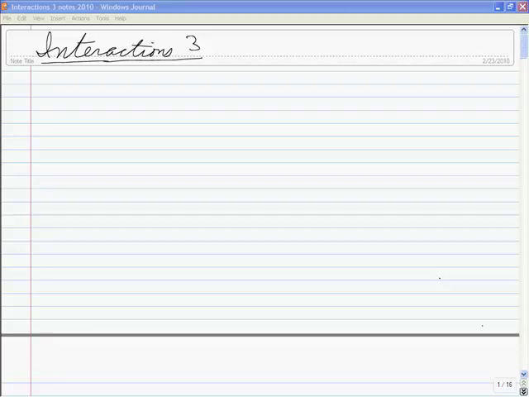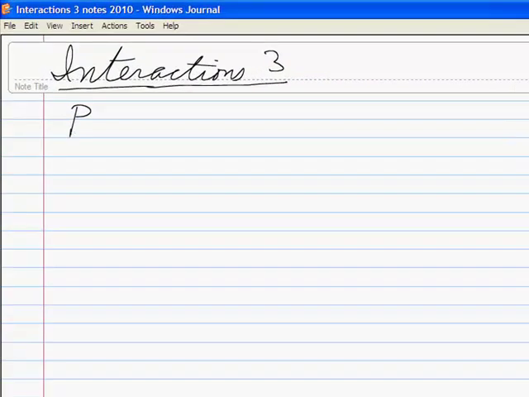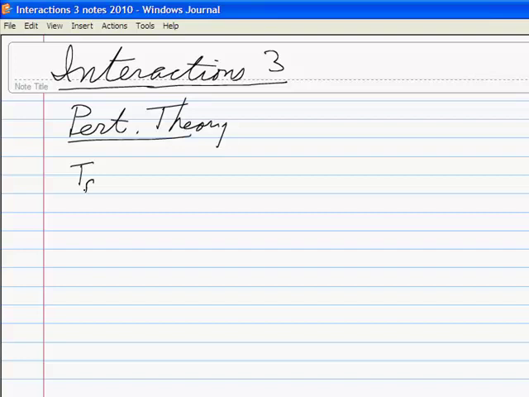What we did last time was we started perturbation theory. So we're doing perturbation theory. And the basic ingredient is the transition matrix element.